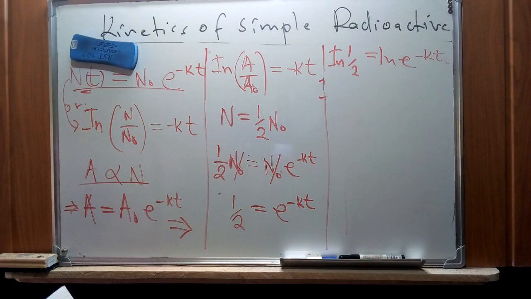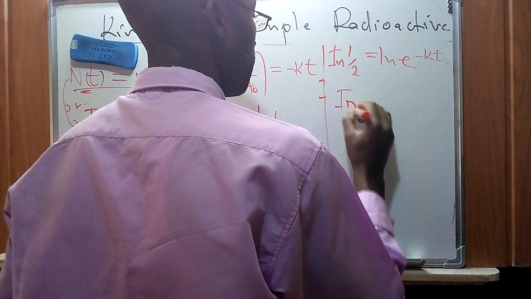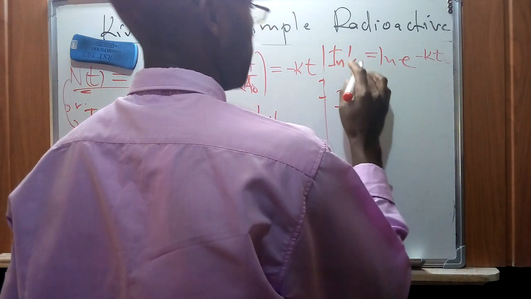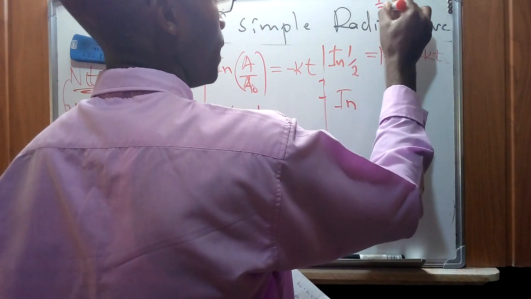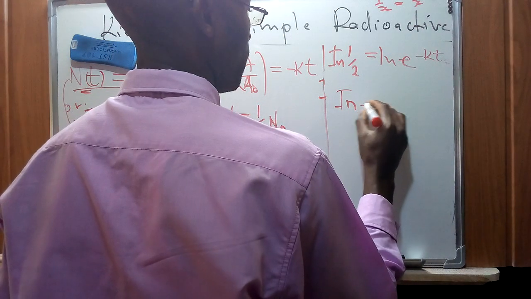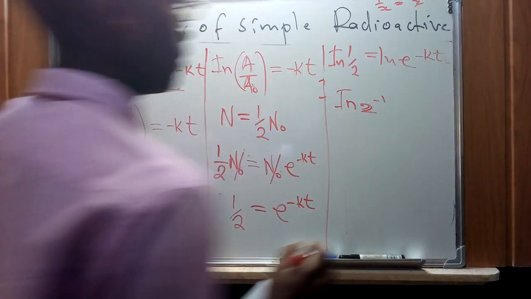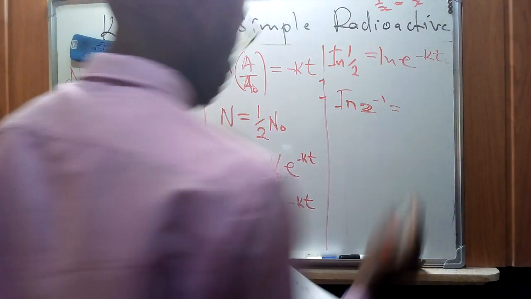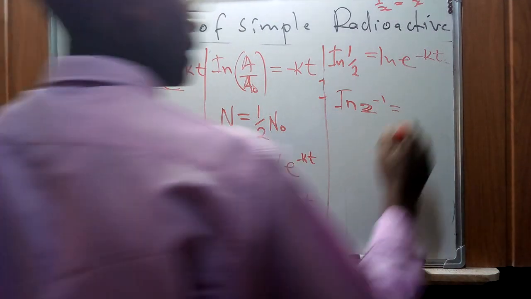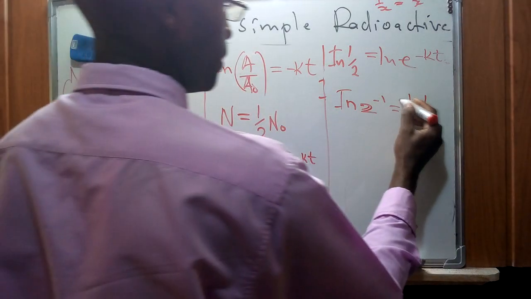So in that case, the natural logarithm of a half can be written, remember 1 over x can be written as x to the power negative 1. So therefore this is the natural logarithm of 2 to the power negative 1, which is equivalent to negative kt.